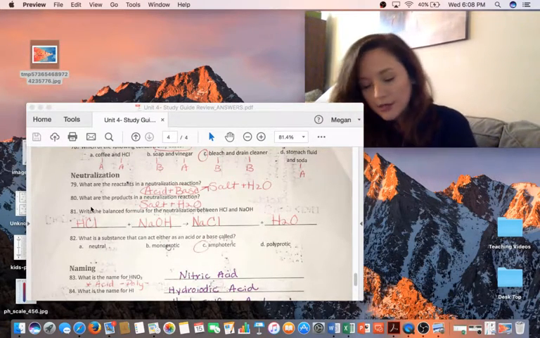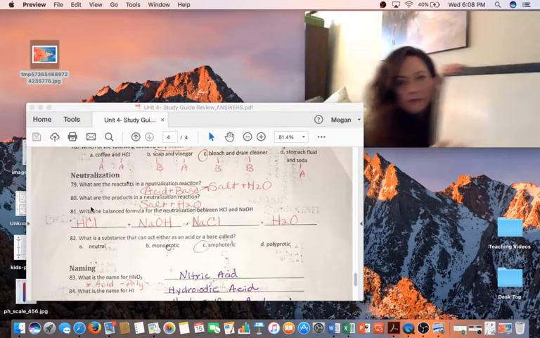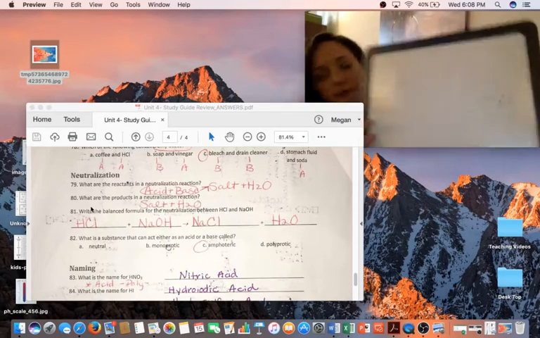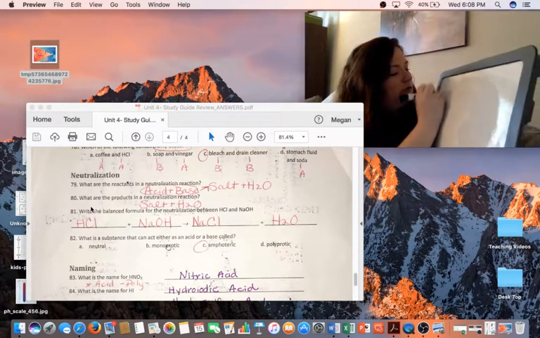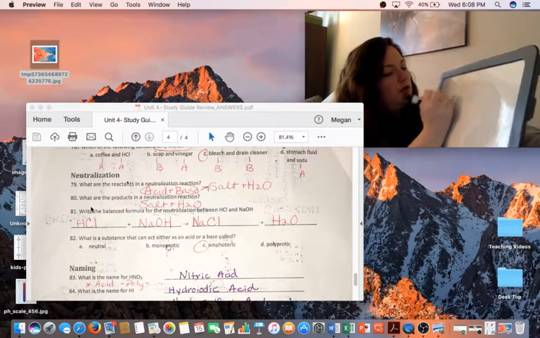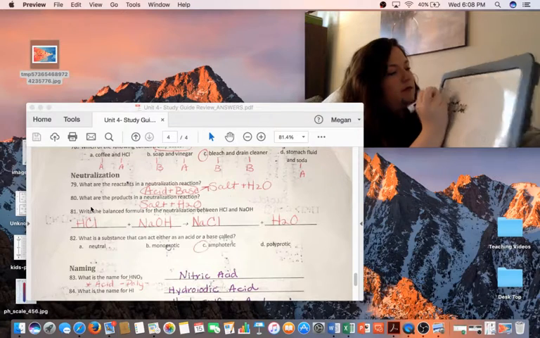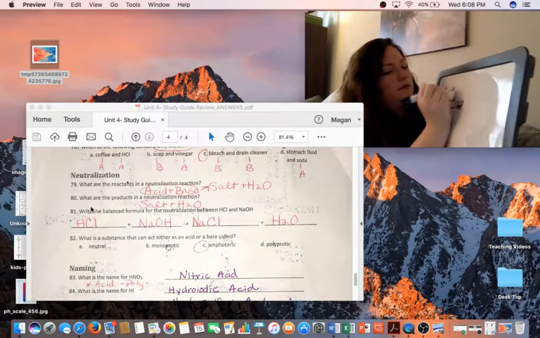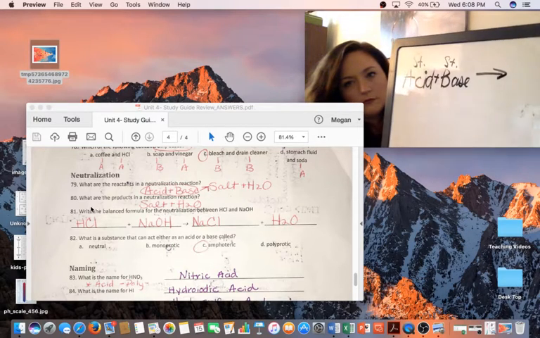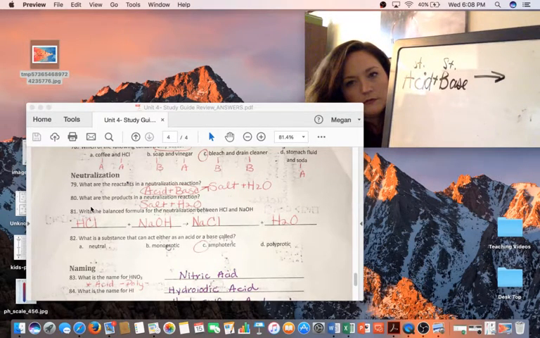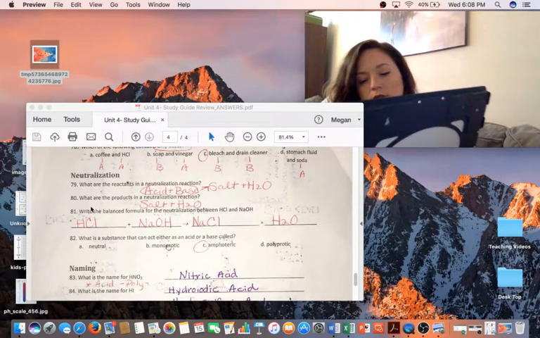So what is occurring in the reaction of neutralization is this: you're going to have a strong acid and a strong base, your strongs, and they always produce a salt.